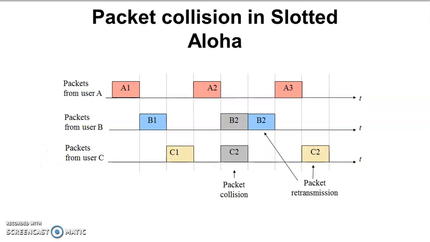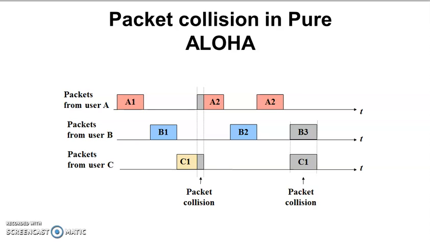Then for packet collision in pure ALOHA, we can calculate how much collision takes place in this case. So we consider the total packets transmitted and the probability of successful packet transmission, and from that ratio we can find the rate of collision per packet, and the total rate for this particular transmission in ALOHA.